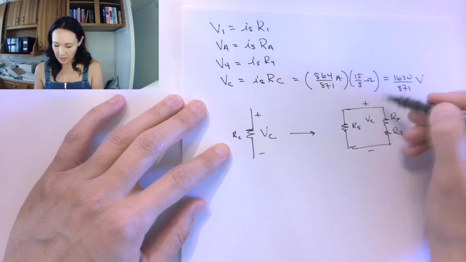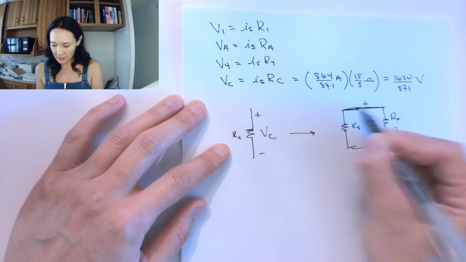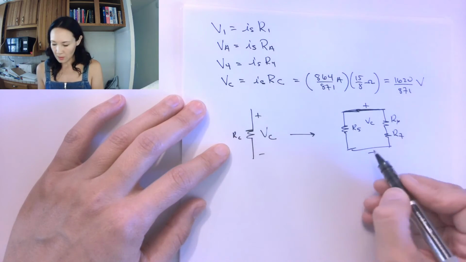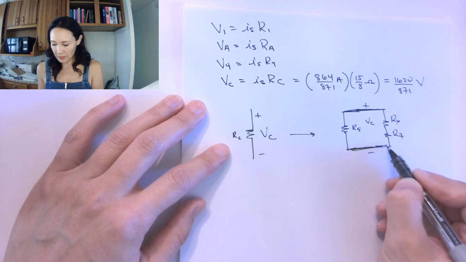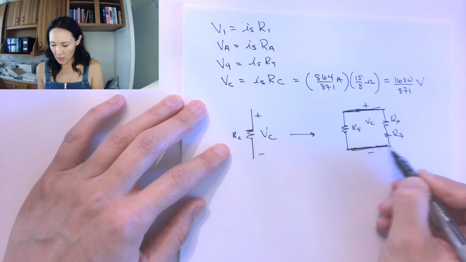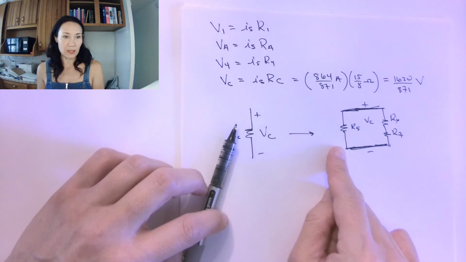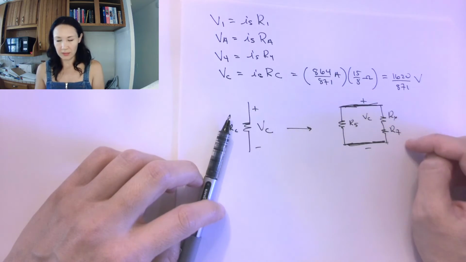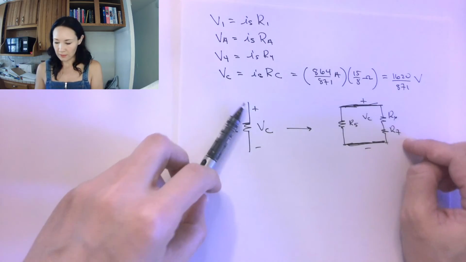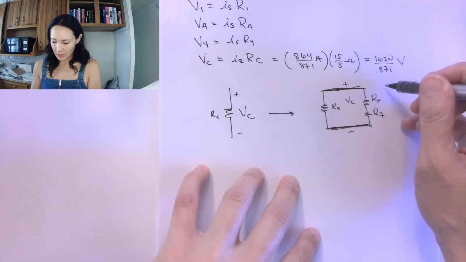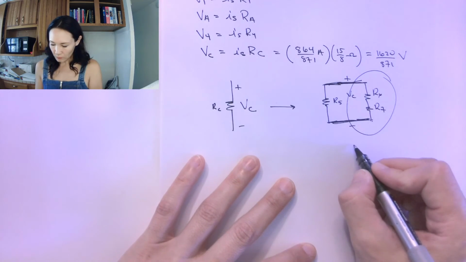The positive side of VC is on the top of this node, and the negative side of VC is on the bottom of this node. Since these are all one node, the voltage drop across R5 is also VC, and the voltage drop across R6 and R7 is also VC.